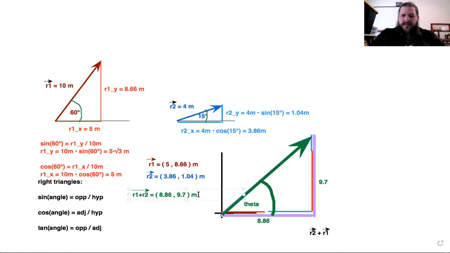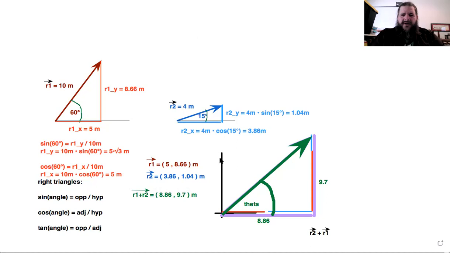You could do the opposite a little bit. So like for sine of theta would be like 9.7 over the hypotenuse, which you could also solve for with Pythagorean theorem. Right. The problem is we can't really use trigonometry for the magnitude for the hypotenuse because there's too many unknowns. We don't know the angle and we don't know the hypotenuse, but we can definitely use the Pythagorean theorem here. Because we know that in general, leg length squared plus other leg length squared should equal hypotenuse squared.